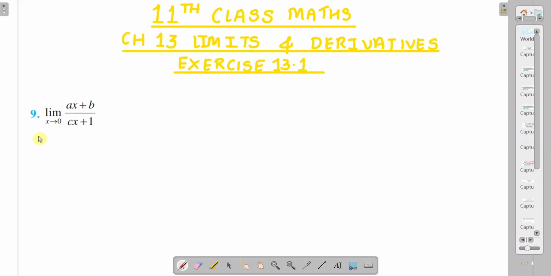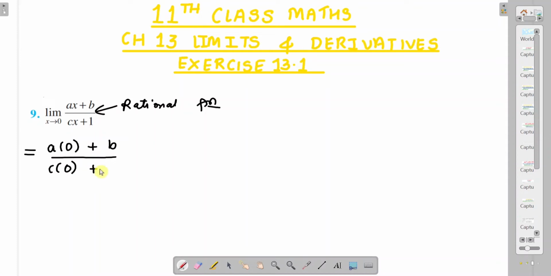Let us look at the 9th problem. So here it is, limit x tends to 0 ax plus b divided by cx plus 1. This is a rational function. If you have watched my previous video, what you do when it is a rational function, directly substitute. So what you will get, a times 0 plus b divided by c times 0 plus 1.